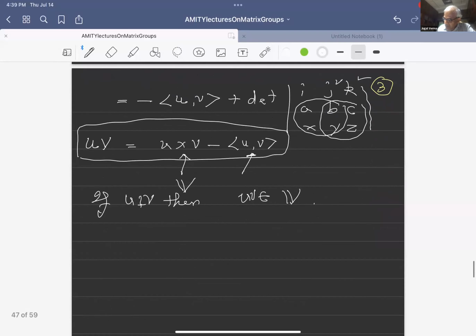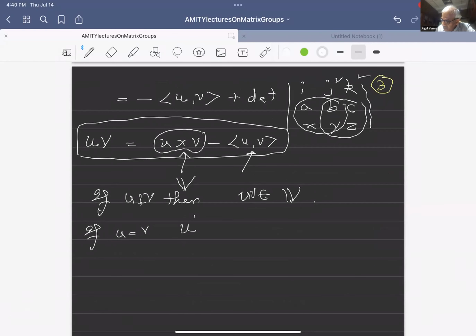Okay. So now if I take U equal to V, then what happens? This cross product becomes 0 because U and V become parallel. The angle between them is 0 degrees, so the cross product will become 0. And so the left hand side is U square.